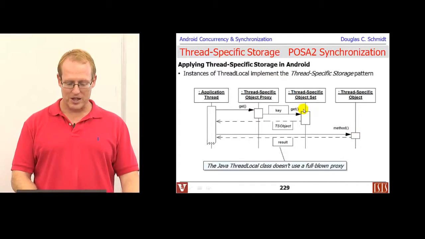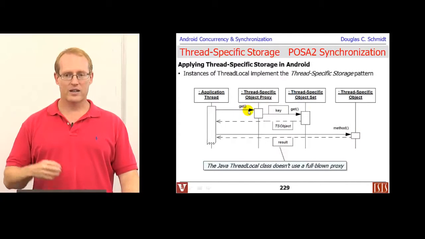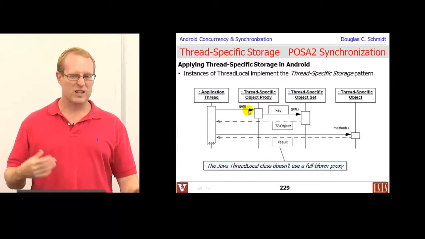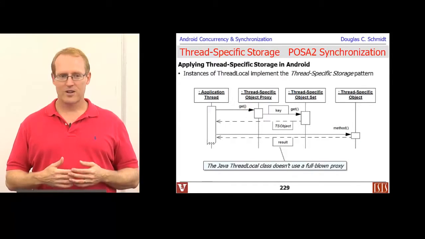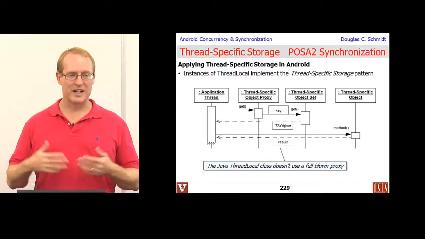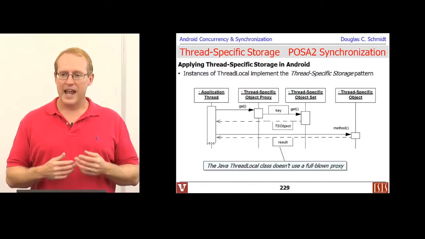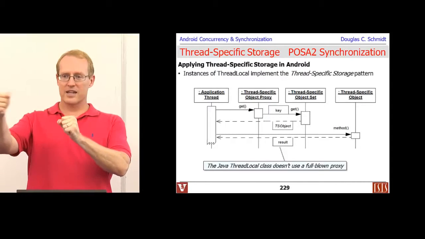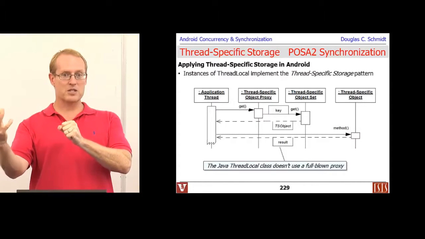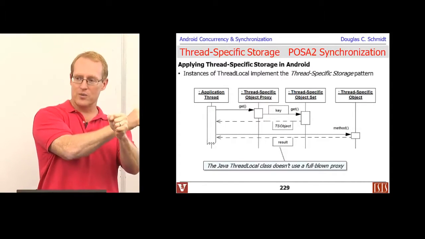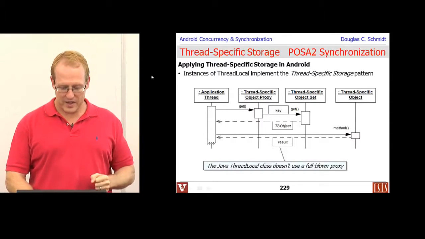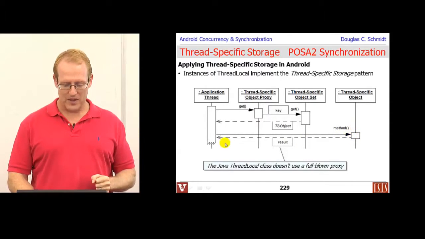So what you have to do is you first have to call get on the thread-specific object proxy, which is really more just like a wrapper. It's not really a proxy at this point. It's just an interface or a class with some methods, put and get. That goes behind the scenes, gets the underlying thread-specific object, and returns it to you. And then once you've got that thing, then you make a method call on that thread-specific object.